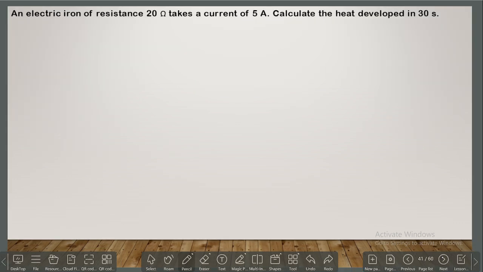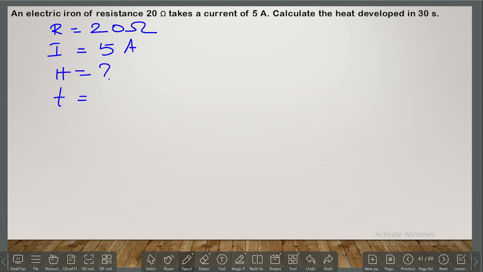Next, an electric iron of resistance 20 ohm takes a current of 5 ampere. R is equal to 20 ohm and current I is equal to 5 ampere. Calculate the heat developed in 30 seconds. That means T is equal to 30 seconds. So here what is the formula we can use based upon the data?